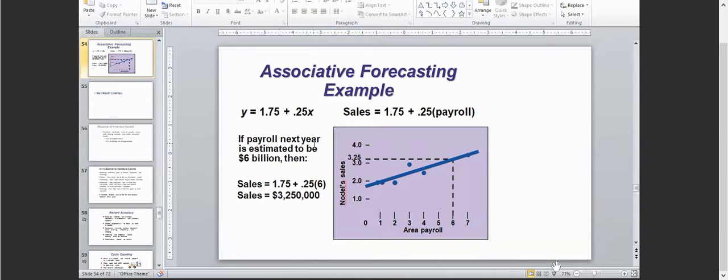Baik, di dalam linear regression ataupun kita tengok di bawah topik associative forecasting, kita melihat ada dua variable, iaitu dependent variable dan independent variable. Apa itu dependent variable? Dependent variable adalah pemboleh ubah yang dipengaruhi perubahannya oleh independent variable.